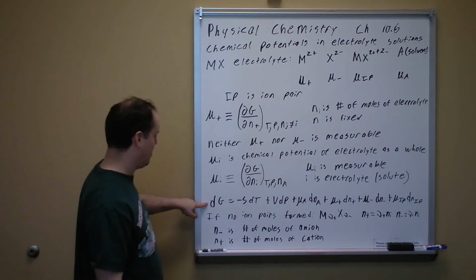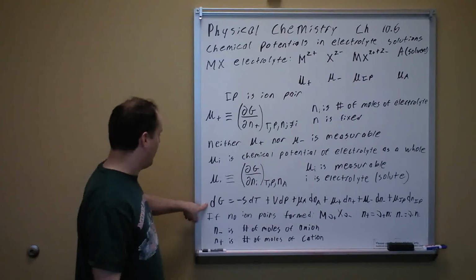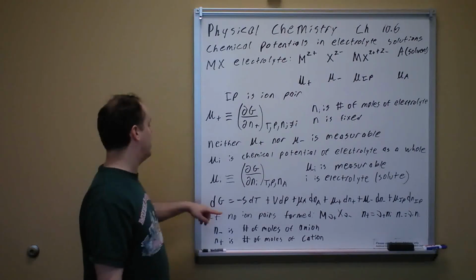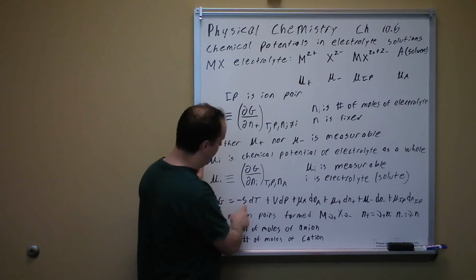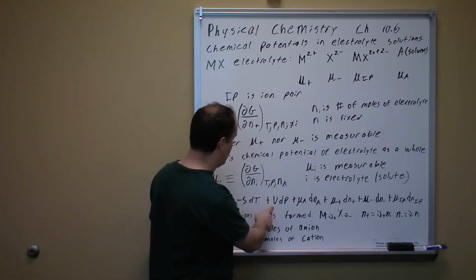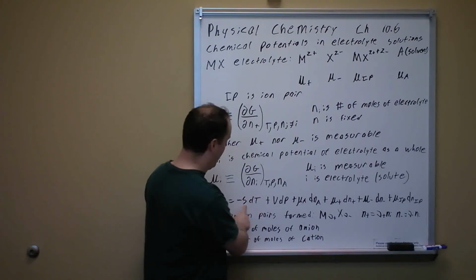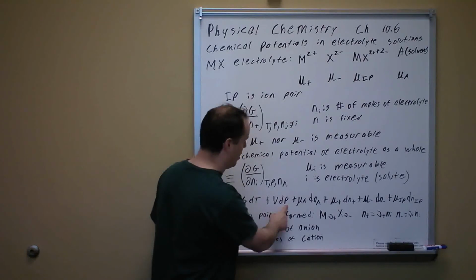So hopefully you remember chapter 2, when we did the derivative of the Gibbs free energy, the exact differential is minus S dT plus V dP. So remember this is entropy, temperature, volume, pressure.